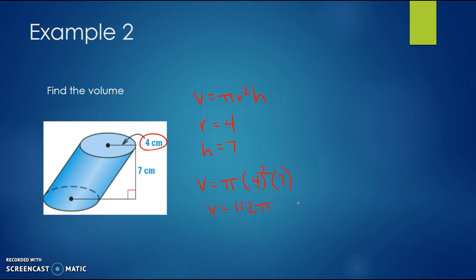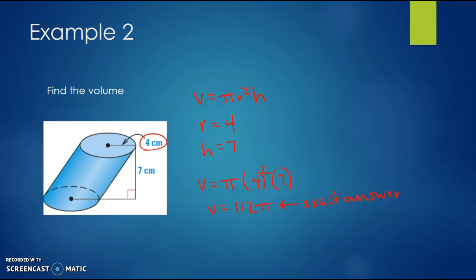Now, when it talks about an exact answer, this is an exact answer. Because remember, pi is a never-ending number. So when we want an exact answer, we don't want something to round. We don't want that decimal to go on forever, so we just write it as 112 pi.